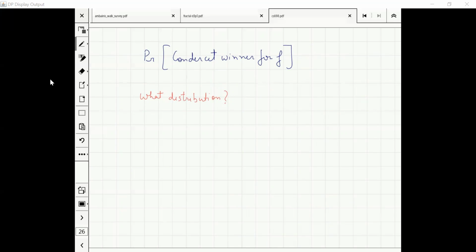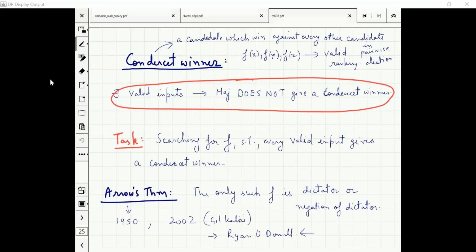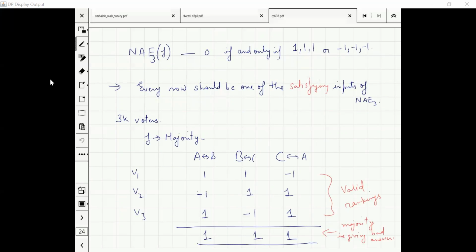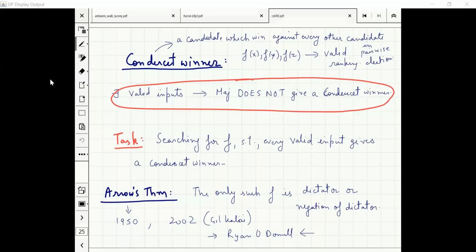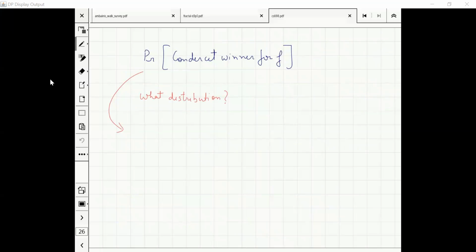I have to define this probability. How am I defining it? Again, remember, what is our input? Our input is this 3n sized matrix, these 3n entries. This is my input, and I want to define a distribution over that. The distribution is natural.